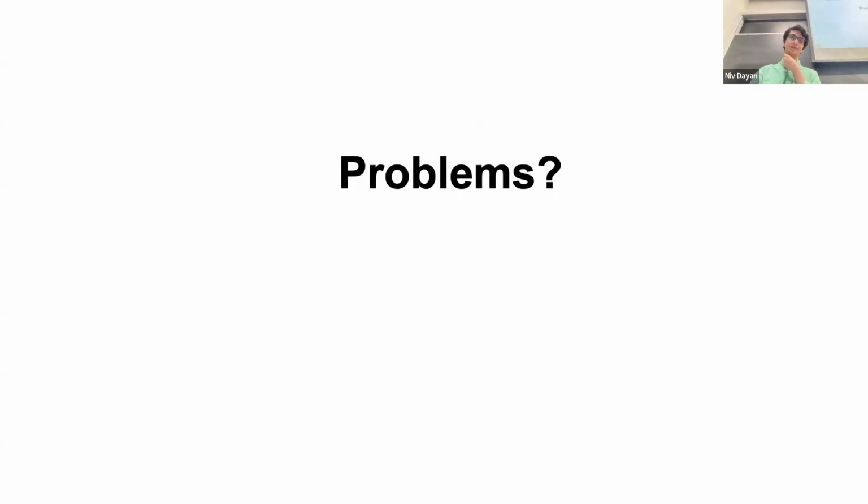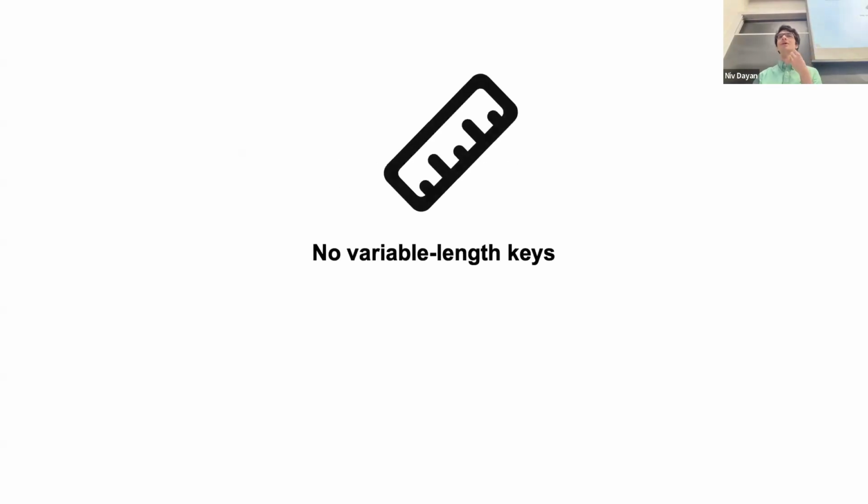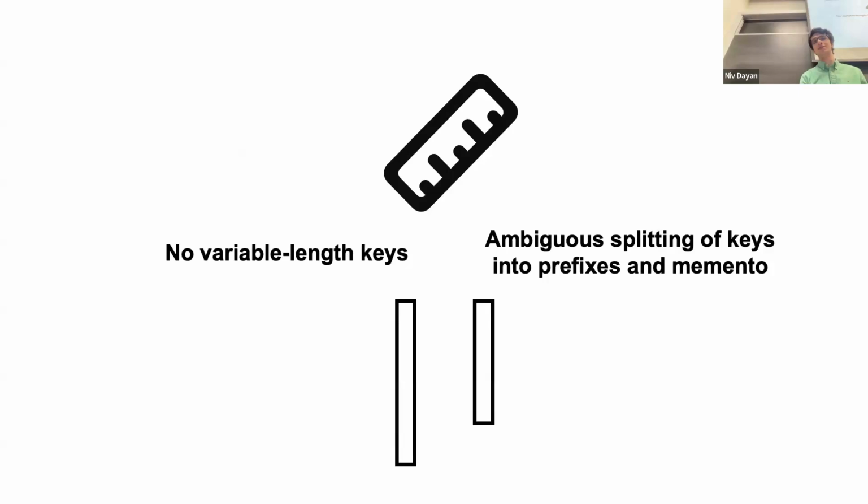Again, it has its own problems. We're not supporting variable length keys, and this is mainly because you're splitting the keys into prefixes and mementos, and this quickly becomes ambiguous if you have variable length keys, right? So if you have these 2 keys right here, you would like to have your mementos be of the same size because of how we encode things in the quotient filter. But then again, you would like to use your mementos to compare the keys, right?